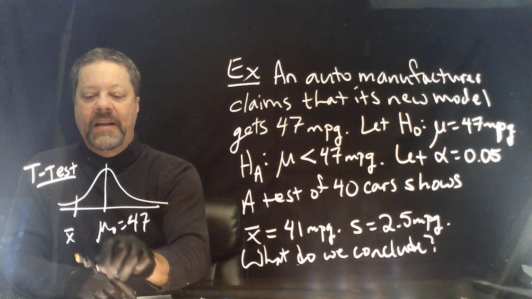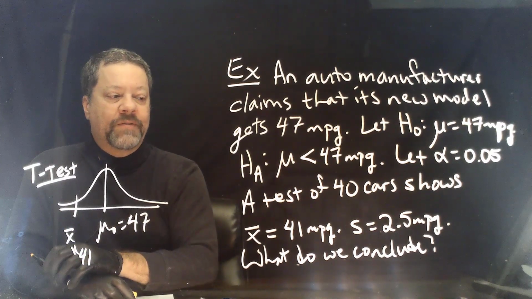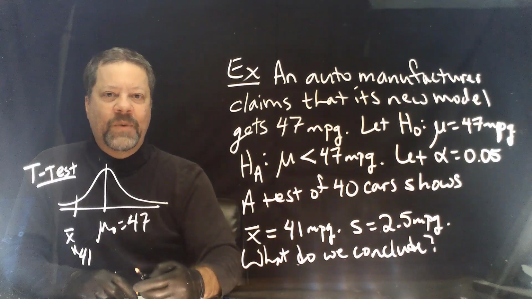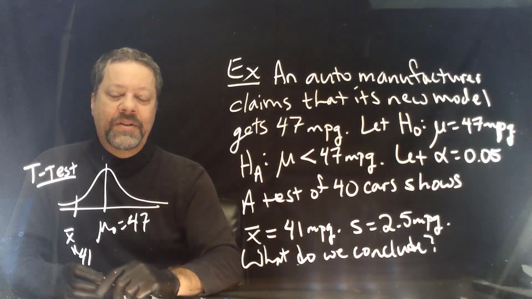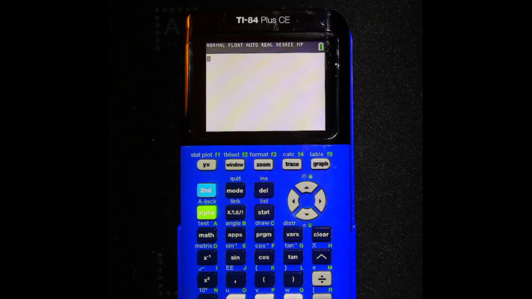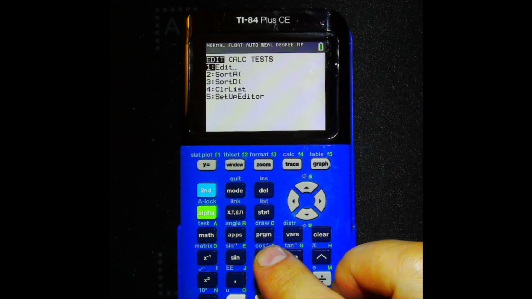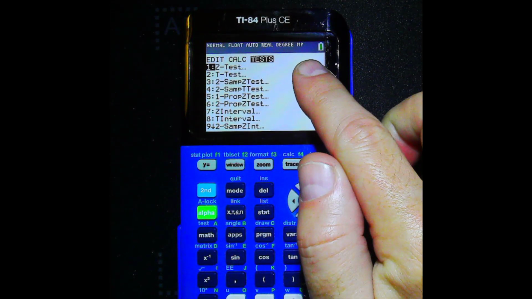Our sample mean was 41. The hypothesized mean was 45. Our sample standard deviation was 2.5. What do we conclude? We can use our calculators to do all of the work for us. We're going to press Stat on the calculator and then go over to Tests.